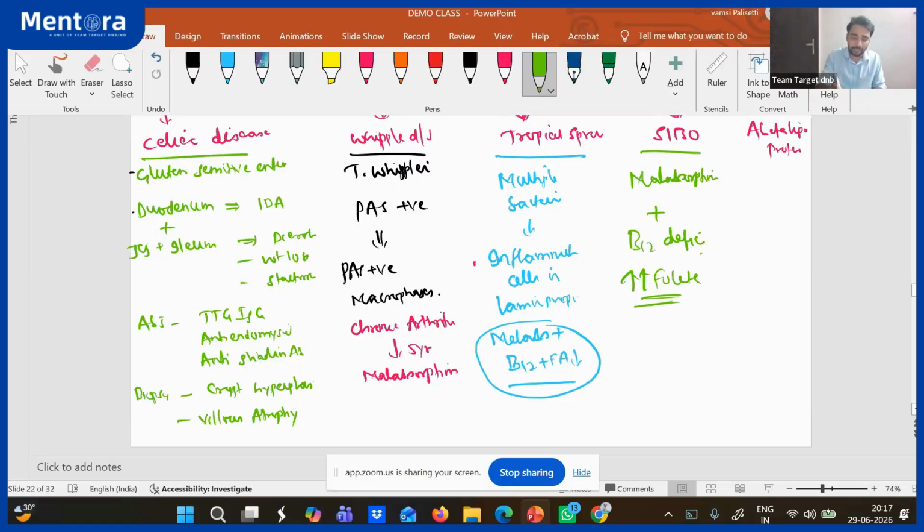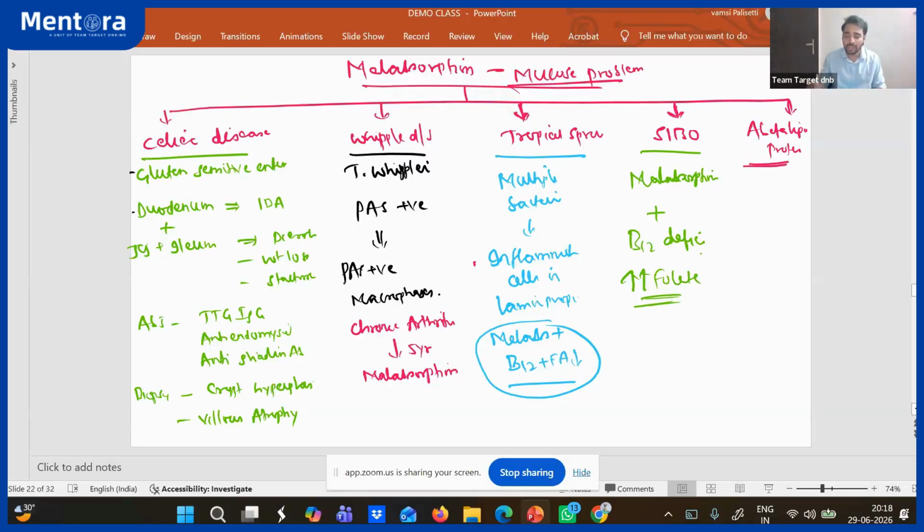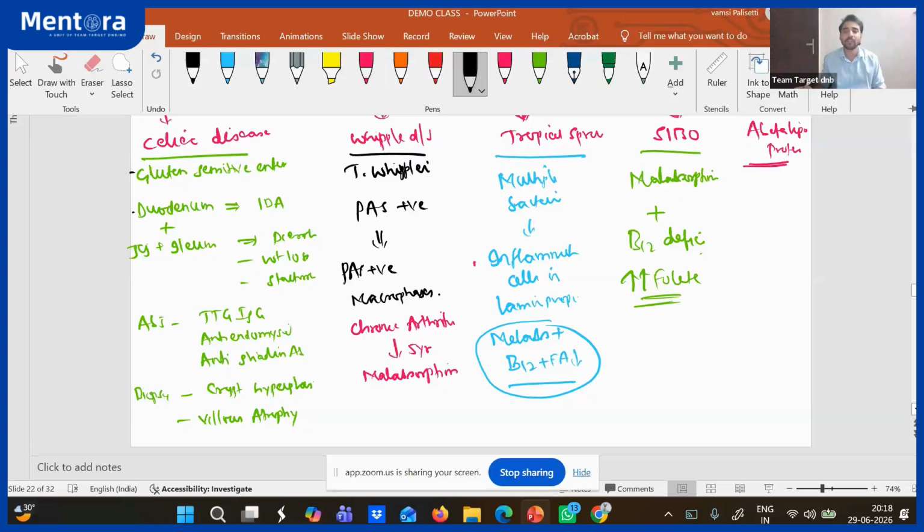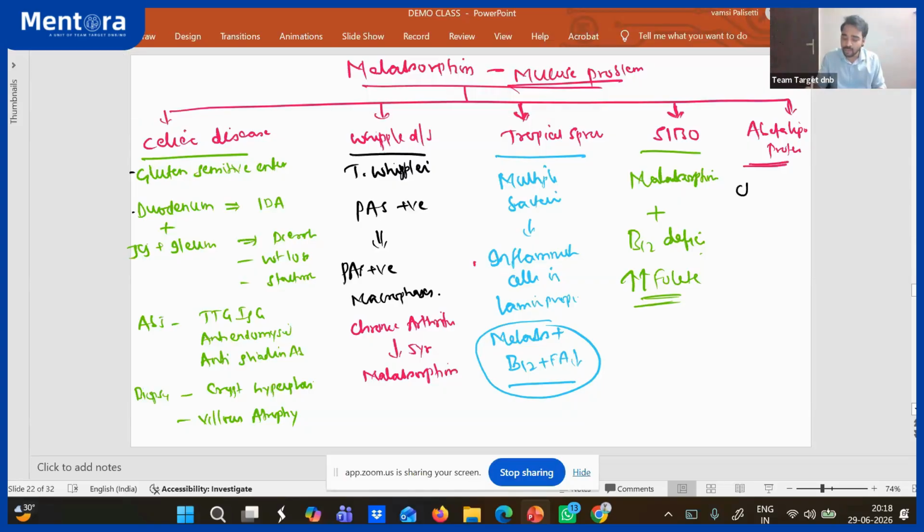And next comes a very important thing, abetalipoproteinemia. What is abetalipoproteinemia? Here the problem is that chylomicrons are not transported across the intestine. You know chylomicrons are formed in the intestine and they have to transfer your triglyceride and cholesterol into the blood circulation.